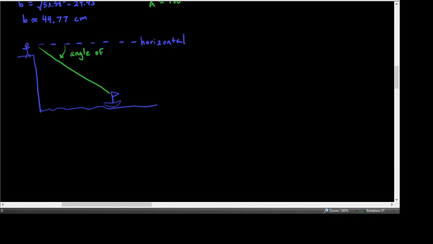Not that hard of a concept to deal with, but I want you to be able to envision what it is they're talking about when they use a phrase like angle of depression. It's the angle down from the horizontal.